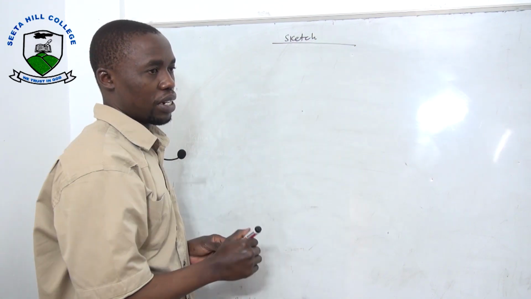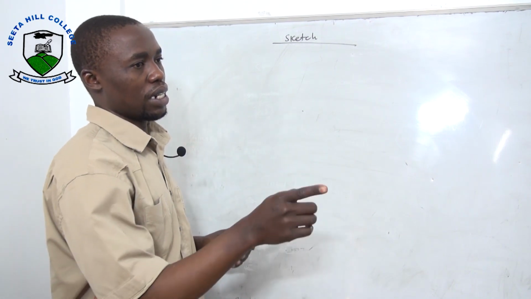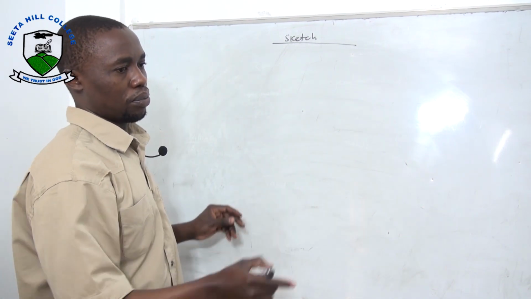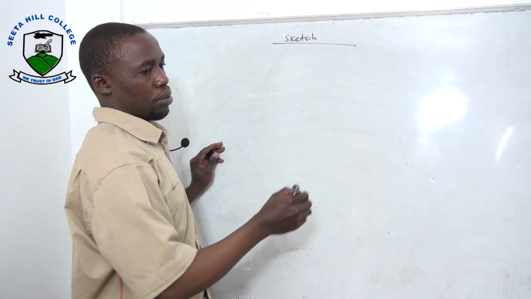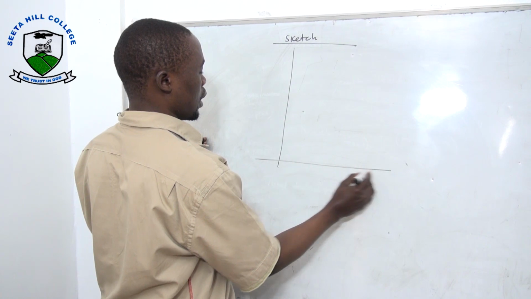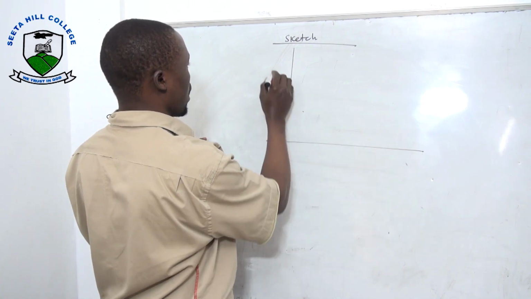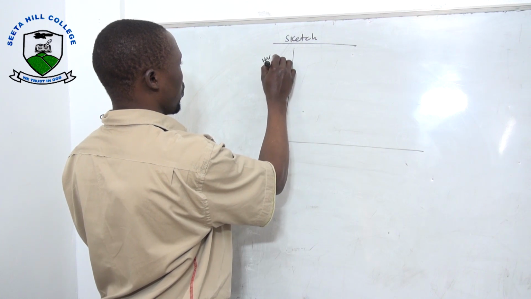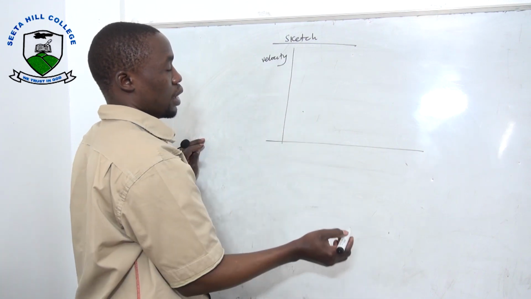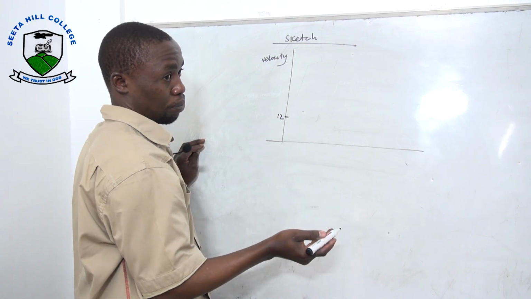Can somebody read the question? She read very well. Read it again. The starting speed, it is starting with, but the question said velocity, not so? Yes, it starts with 12 here. We are sketching.